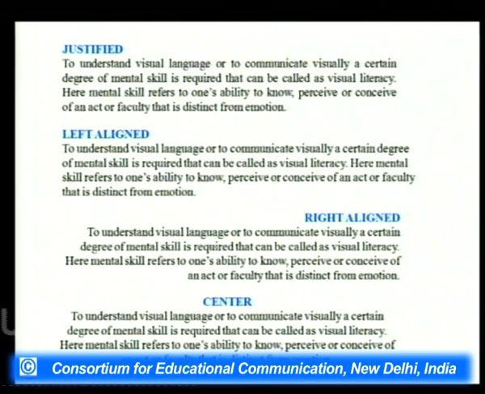See this justified composition, where the types are aligned on both sides. It is the most commonly used format and is considered most legible. Why is it called legible? Because when you are reading, your eye travels a certain distance, and after traveling that distance, you go to the second line, travel the same distance, and the third line, the same distance.